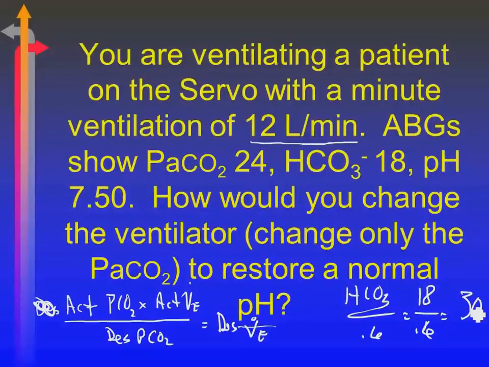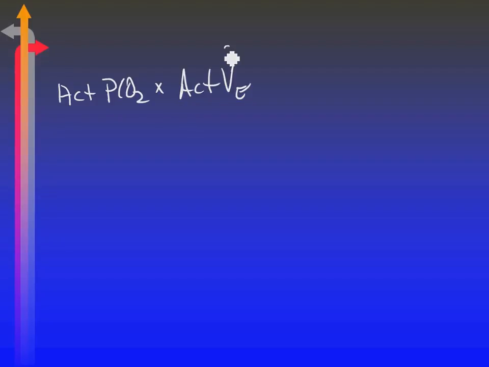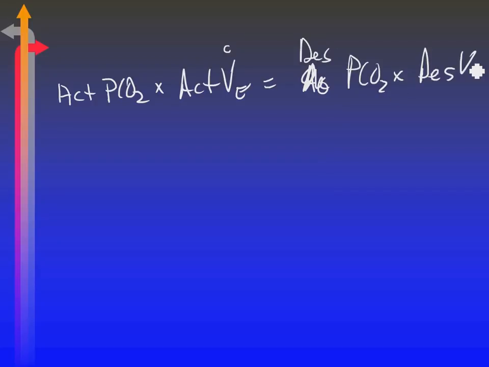Okay, let me go ahead and do this one then. So we said actual PCO₂ times actual minute volume, divided by desired. So I have an actual 24 times the minute ventilation of 12 divided by, what did I say it was? 30.